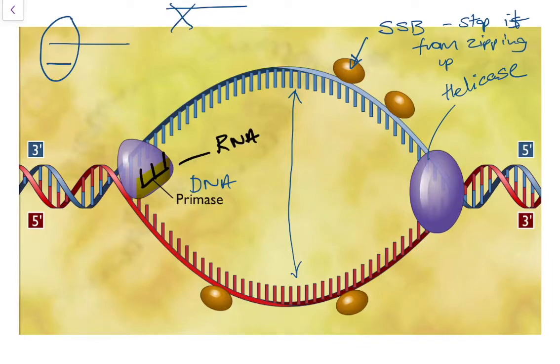So you can think of it like a roller coaster. A roller coaster can only go down on 2 tracks. And so to attach, we need to have both tracks there. So primase comes in and it adds a short section of RNA nucleotides. And we call that short section the primer, because it primes the DNA for being copied.